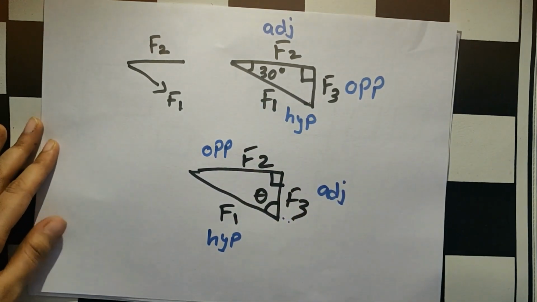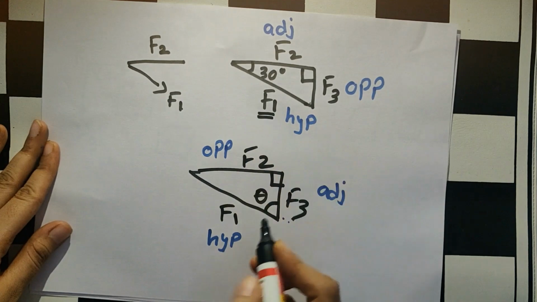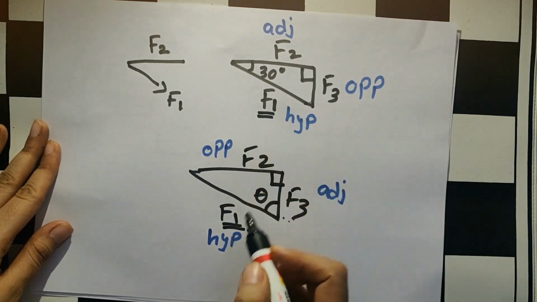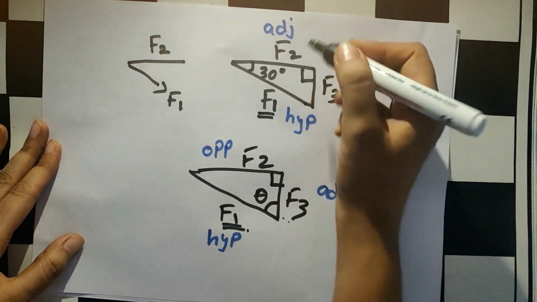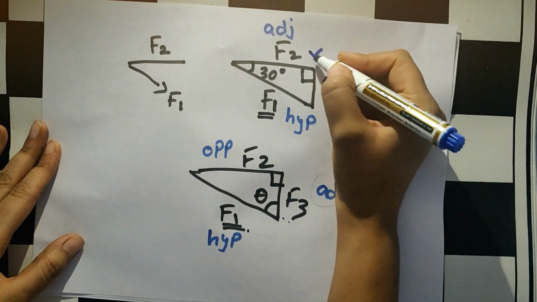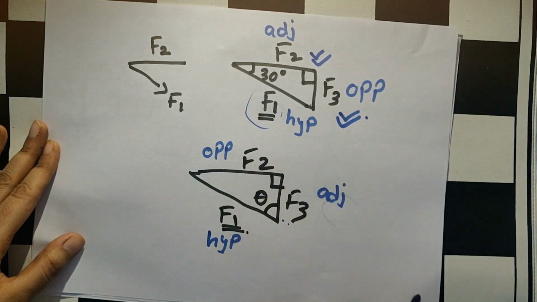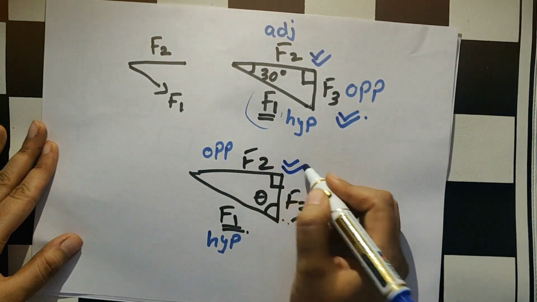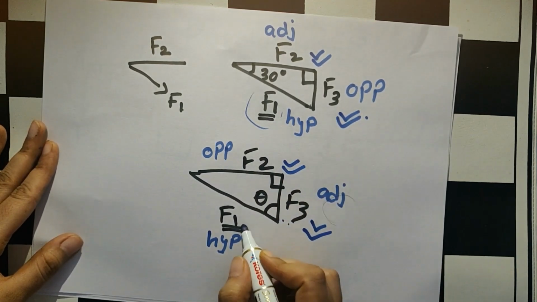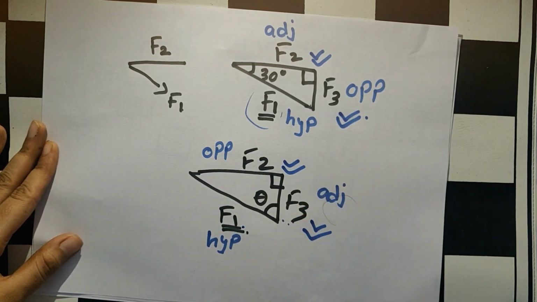Okay, so this is clear. Now F1 magnitude you know. In both the cases you know how much is F1. We want to find how much F2 and F3 will be, so that you get the same effect as F1. Similarly in this case, F1 you know, we have to find F2 and F3.